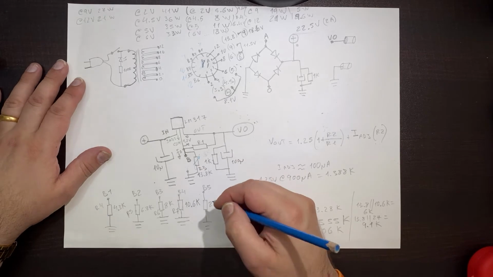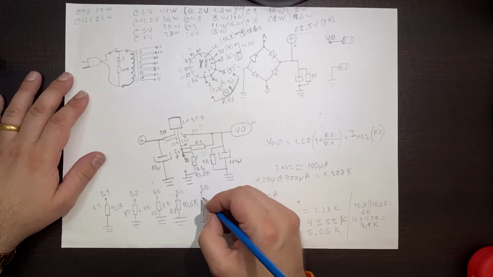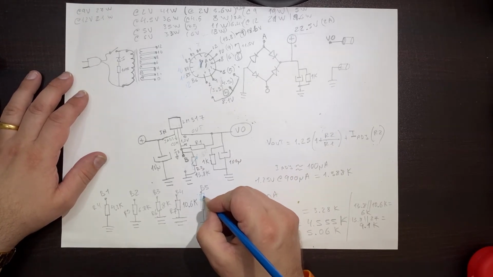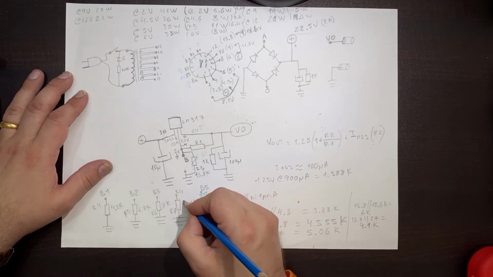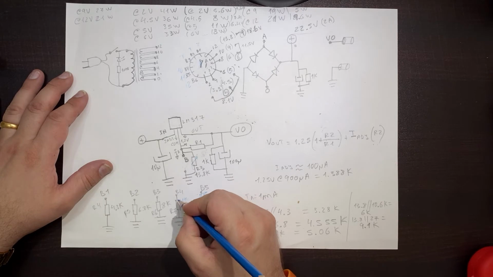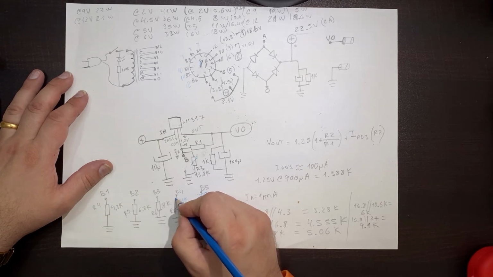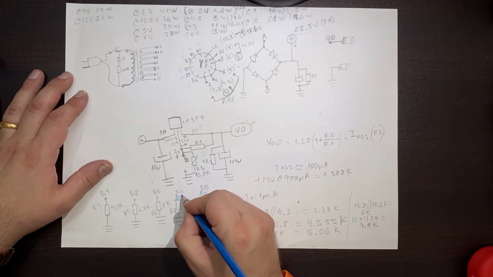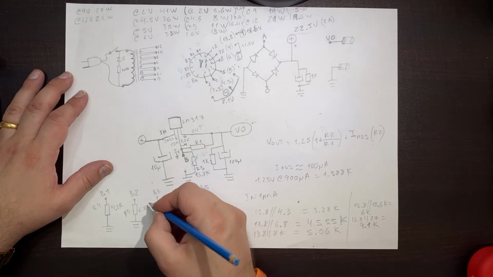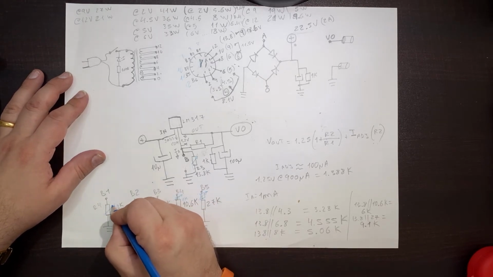And all these are trim pots. Here I have 27K plus the trim pot. And here I have 1K plus the trim pot. This is a trim pot, and they are all 10K trim pots.